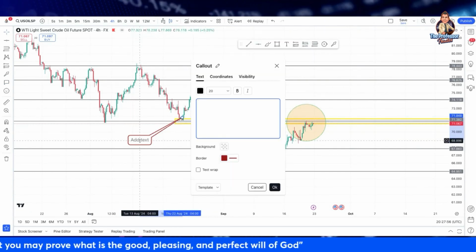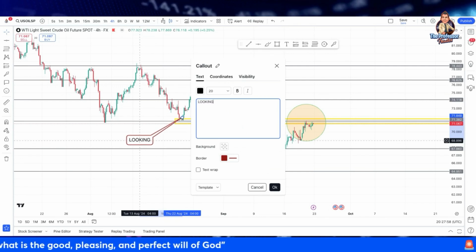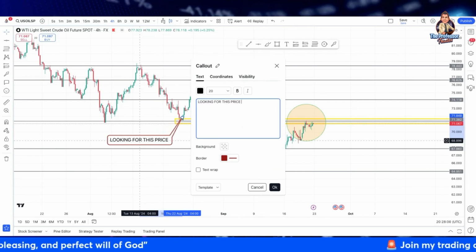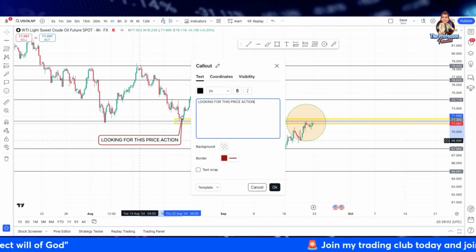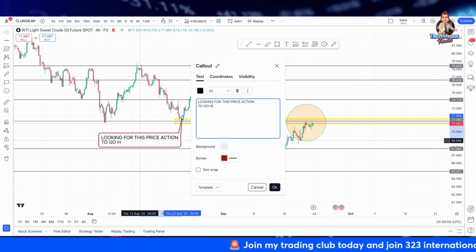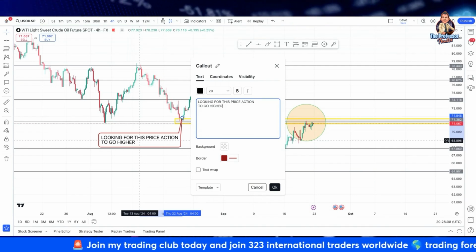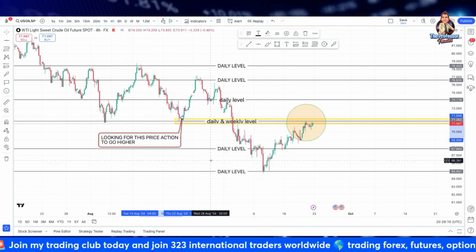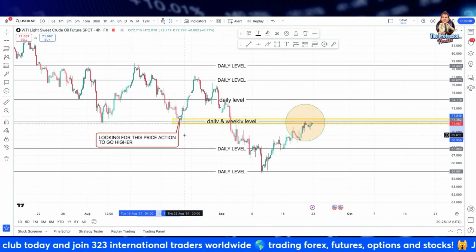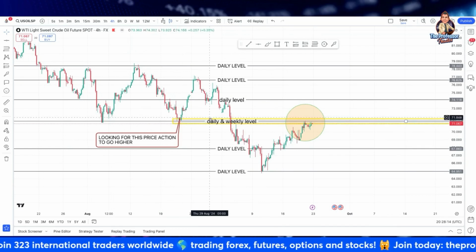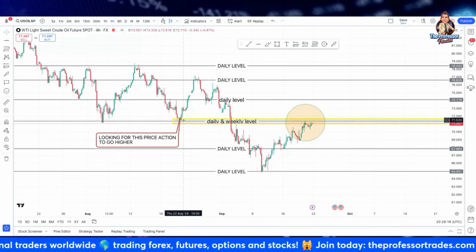You are looking for this price action to go higher. If it's going to go higher, then we need to see this price action, when we get that bullish engulfing candle up, on a 4-hour level or higher.